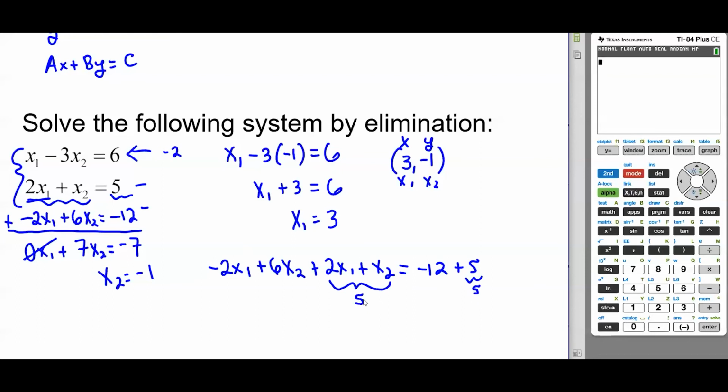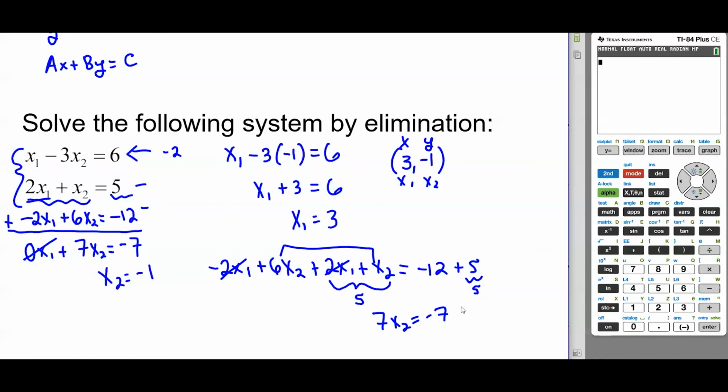Therefore, we're just adding 5 to both sides, right? So you're just adding the same thing to both sides, and then you add those together, you get 0, so that eliminates that x1 variable, and then you combine like terms, right? So this is 7x2 equals negative 7. So you're just doing this problem in a way that's more visually pleasing, right?